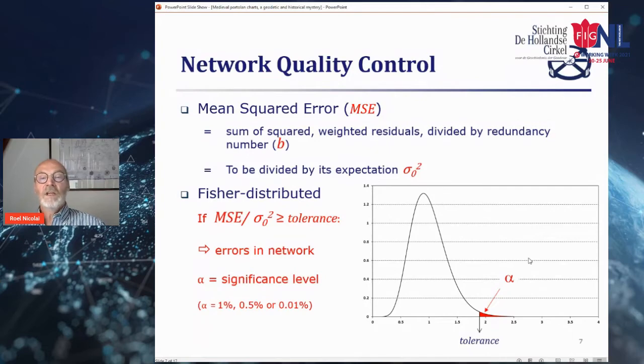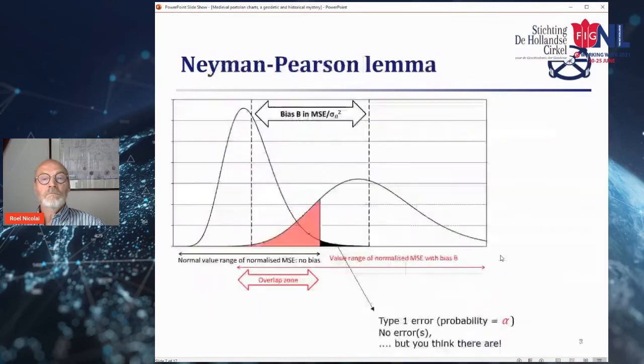When the MSE of the network divided by its expected value, which is here indicated by sigma naught squared, is greater than a predefined tolerance, we will conclude that there is an error in one or more of the network measurements. This mechanism may thus reveal the presence of errors.